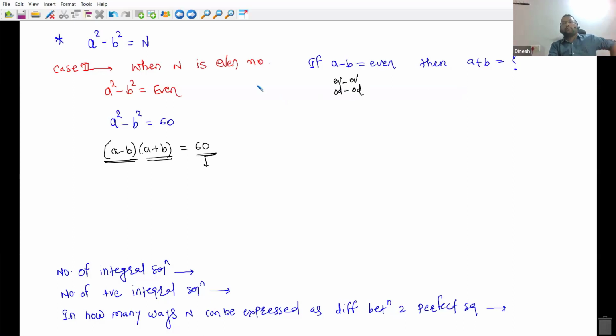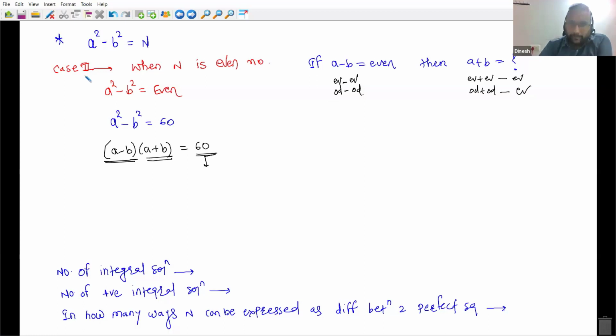It is possible only when both of them are even or both of them are odd. So if both of them are even, the addition is also even. If both of them are odd, sorry, the addition is also even.